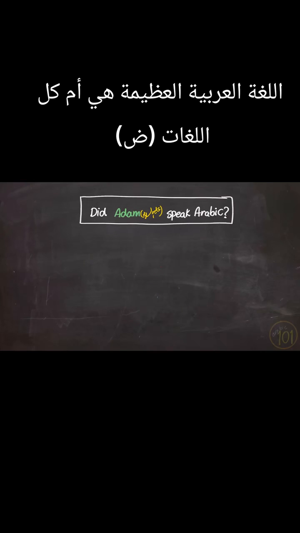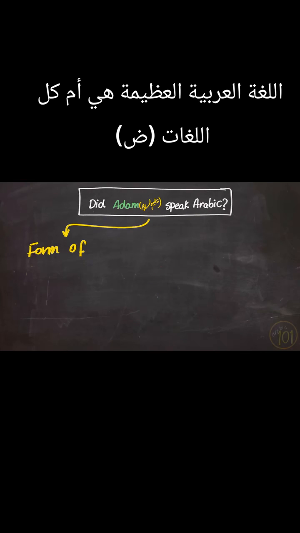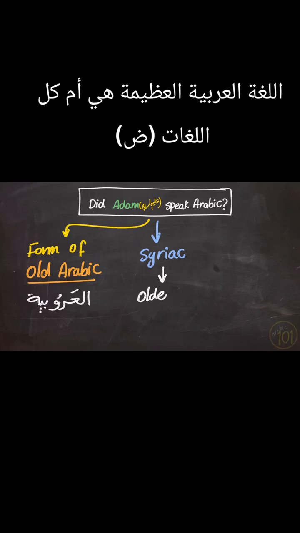Some say that he did speak a form of Arabic from which the current Arabic came. They called it al-Arubiyya. Some say he spoke Syriac, and some even called Syriac the old form of Arabic.